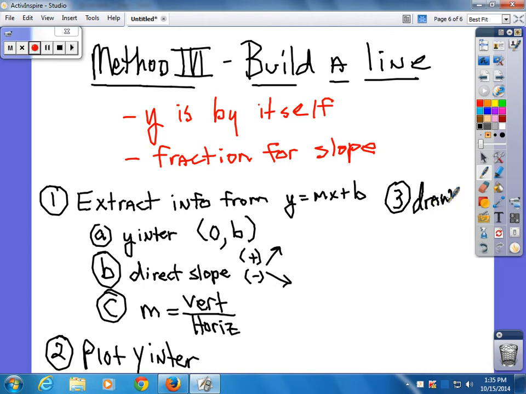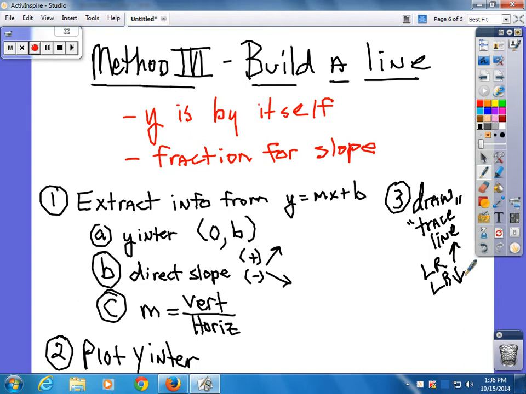Now, what is a trace line? A trace line is a real thin pencil line, and it's going to be going left to right up, or what? Left to right down. That's it. And I'll show you how to do that.